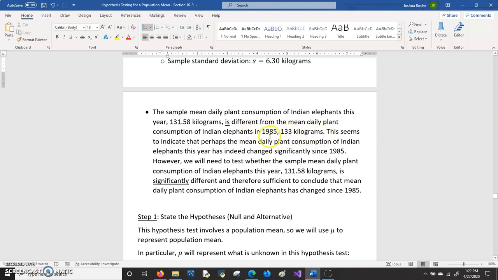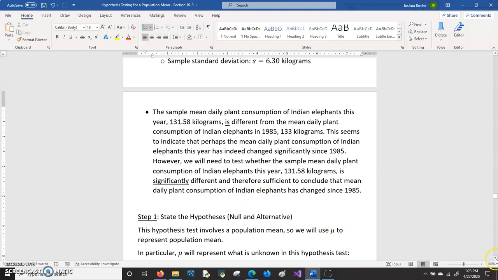And so that seems to indicate that perhaps the mean daily consumption of Indian elephants this year has indeed changed since 1985. However, we'll need to test whether that sample mean of 131.58 is significantly different and therefore sufficient to conclude that the mean daily plant consumption of elephants has changed since 1985.